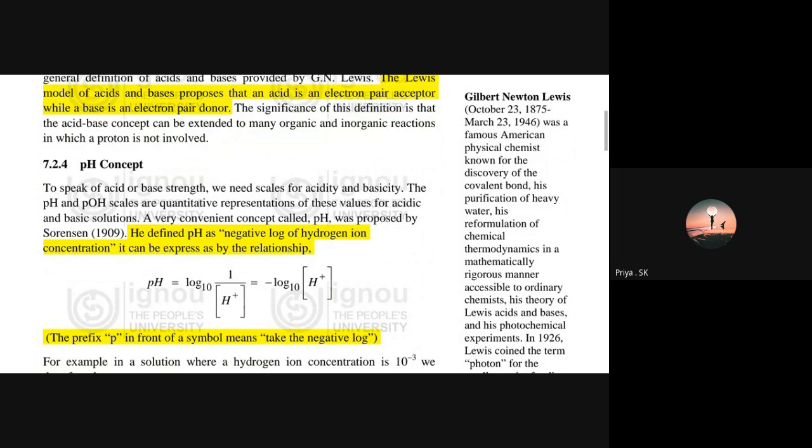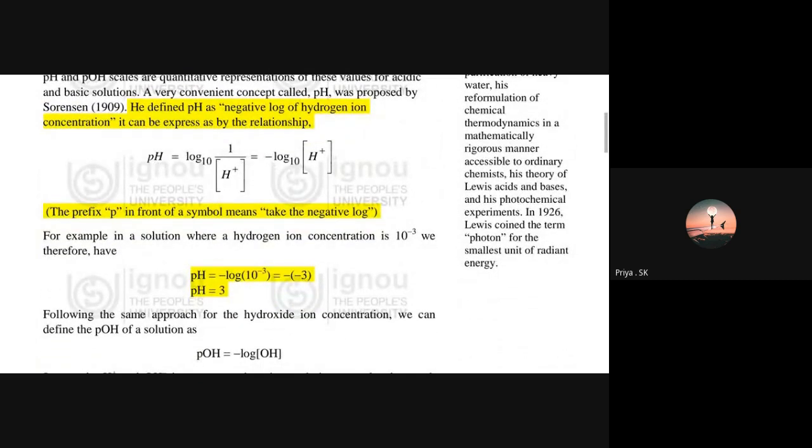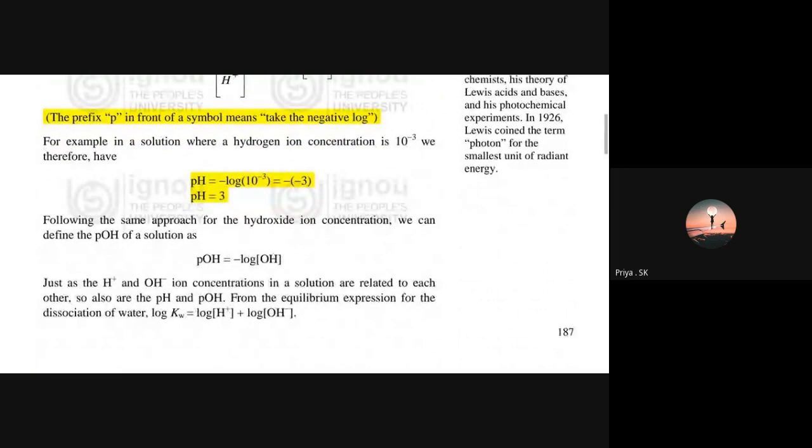The prefix P in front of the symbol means that we are taking the negative log. For example, in a solution where a hydrogen ion concentration is 10 to the power minus 3, we therefore have pH is equal to minus log 10 to the power minus 3, that is equal to minus of minus 3, minus minus is plus, so pH is equal to 3. Similarly, pOH is minus log of OH minus.